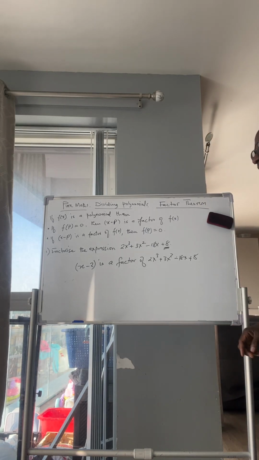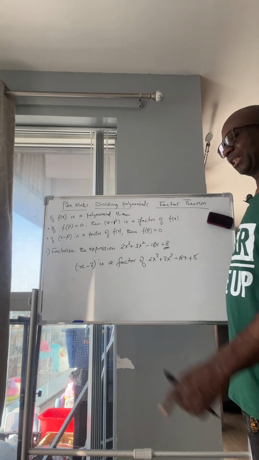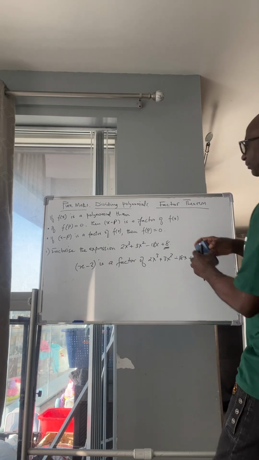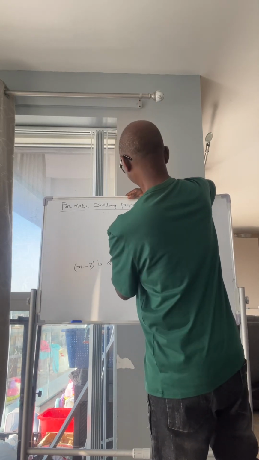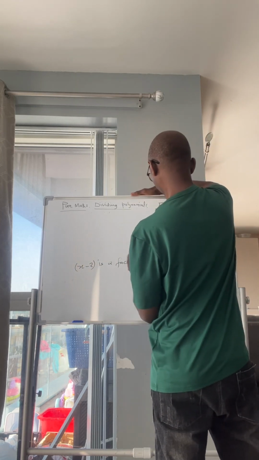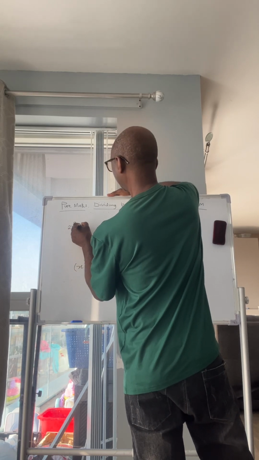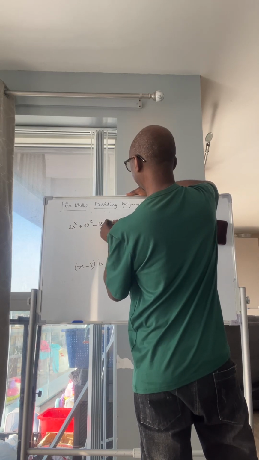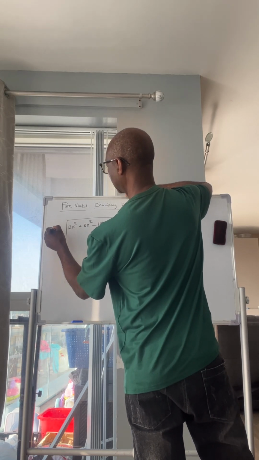So let's try it. How do you try it? Let's use now the long division method we used before and see what we get. Now let me take off all these ones. You have 2x cubed plus 3x squared minus 18x plus 8, and this is x minus 2.